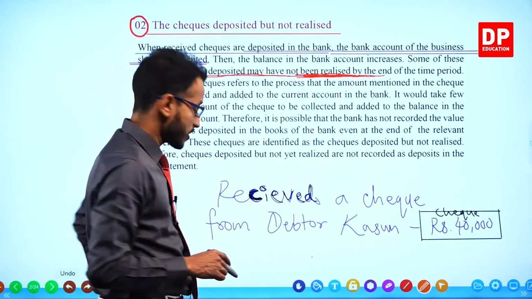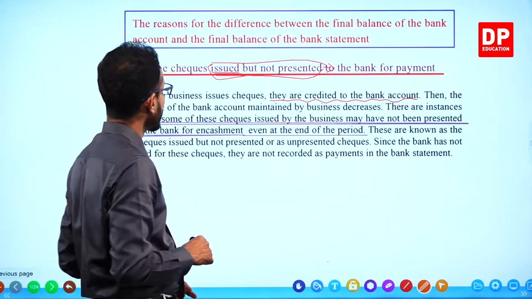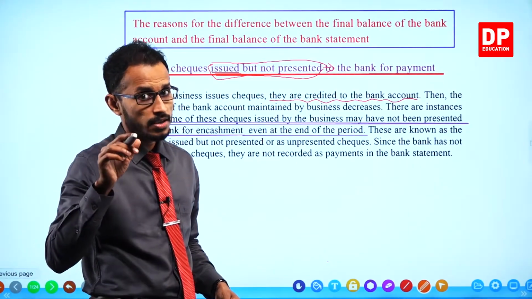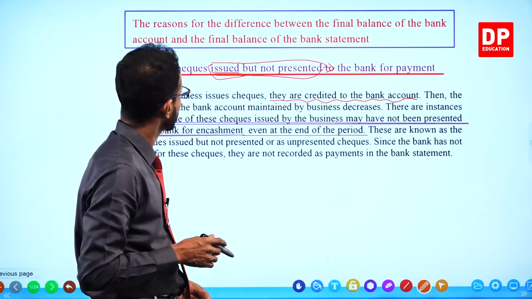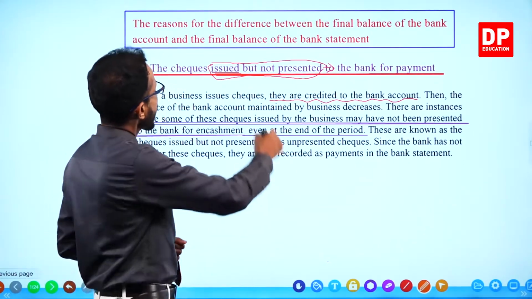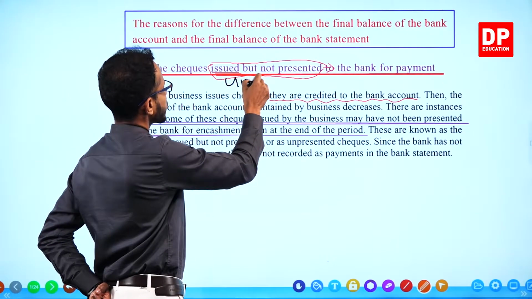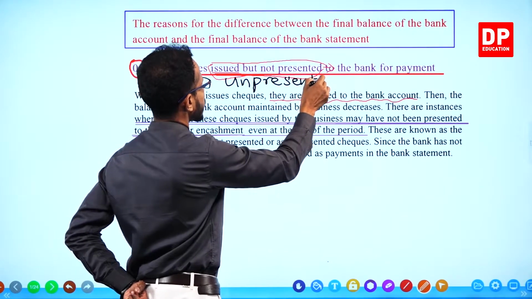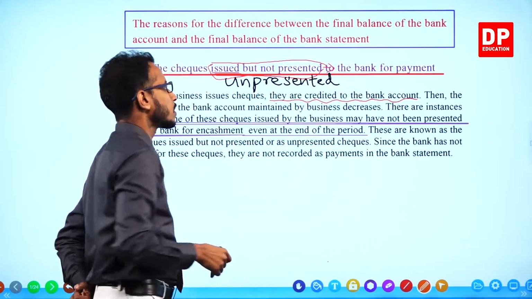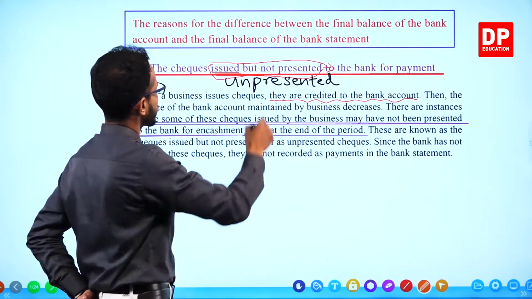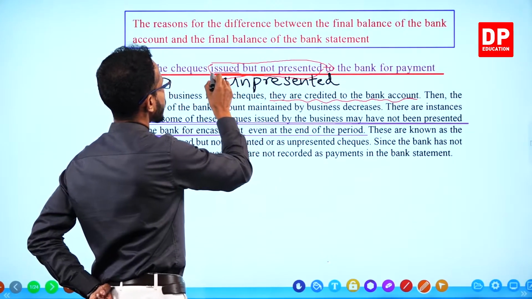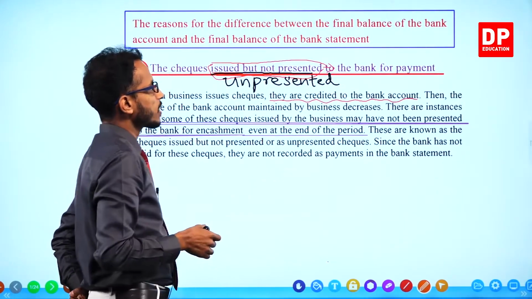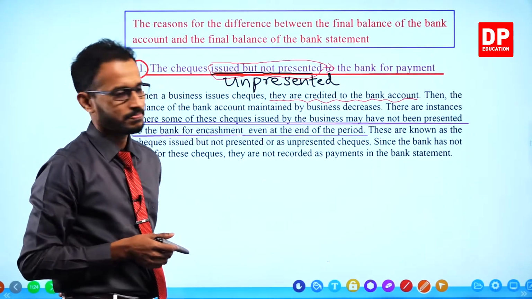Now, in the previous slide, children, we talked about checks which are issued but not presented. We call them unpresented checks. Issued but not presented means unpresented.